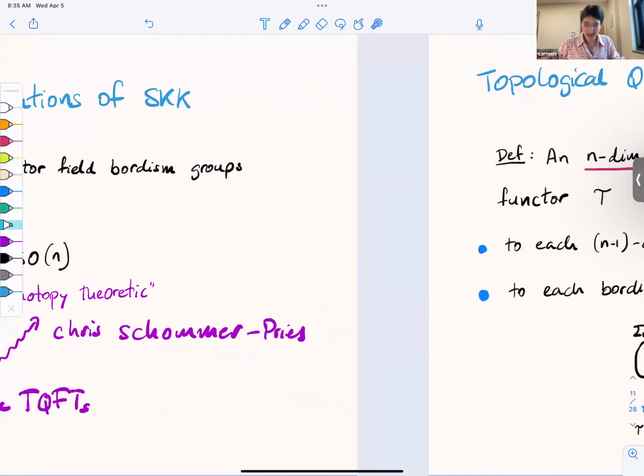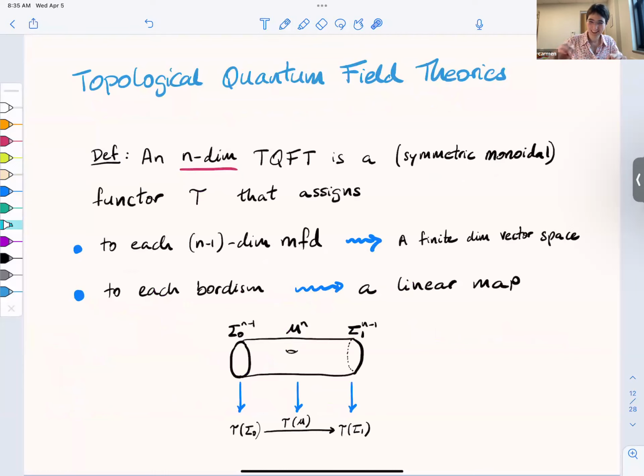Right. So before we jump into seeing the connection, and I think that your seminar has real experts in this, but just for the sake of anybody who is maybe not an expert or works on something else, let me review a little bit what topological quantum field theories are. Definition: an n-dimensional TQFT, the n here is important, it gives you the dimension of your TQFT.